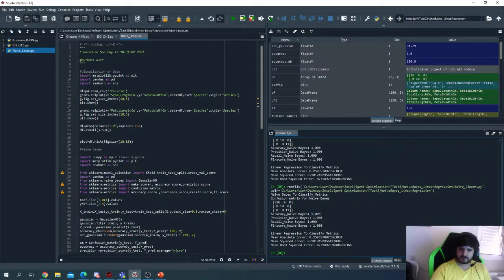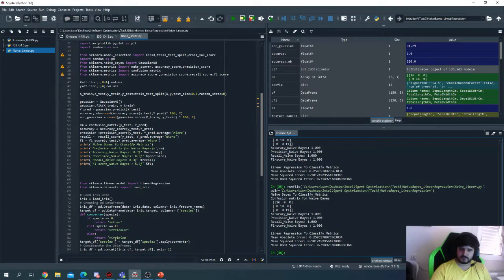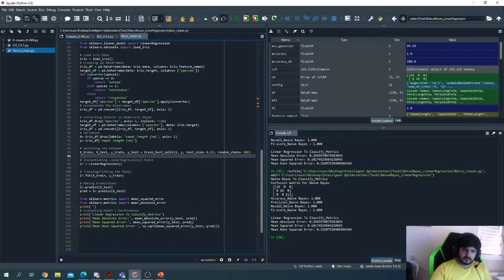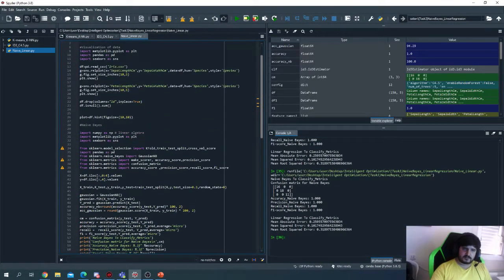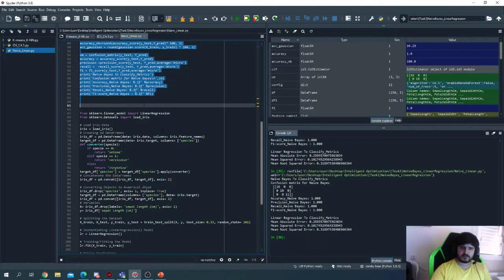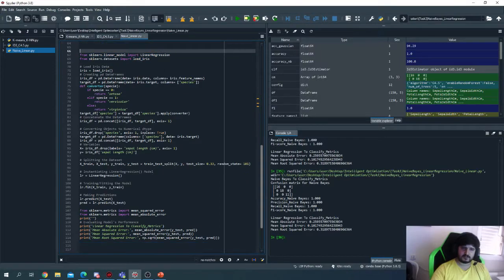The accuracy of naive Bayes is 100%, and for linear regression the metrics are the mean absolute error, mean squared error, and root mean squared error. So naive Bayes here gives 100%, compared with linear regression on the iris dataset.